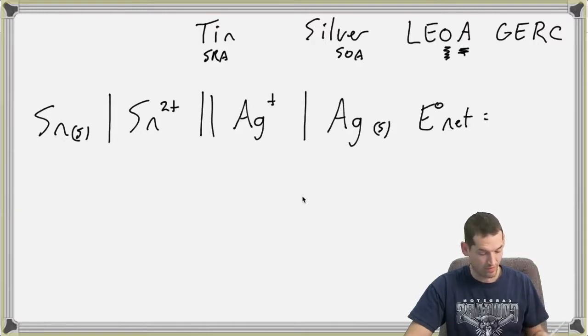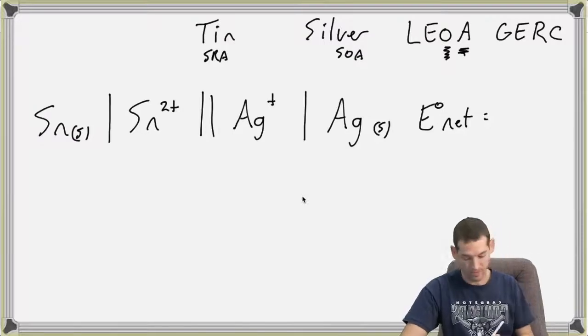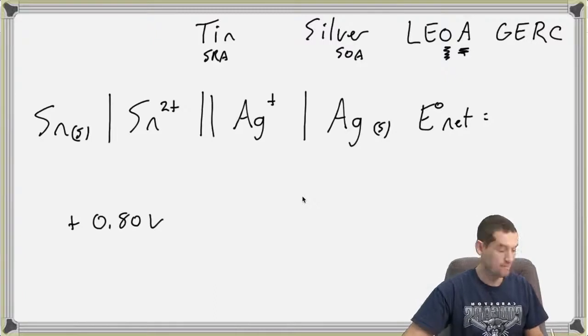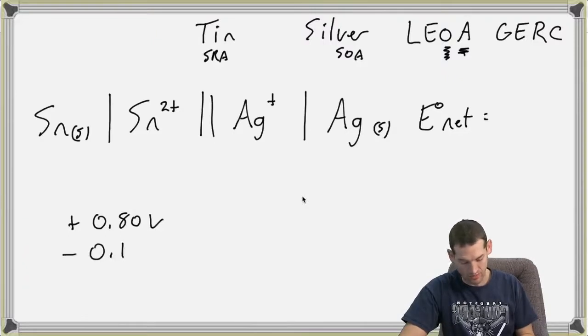Now we need to figure out the voltage. The silver reaction we wrote forwards, that's a positive 0.80 volts. And the tin we wrote backwards, so that becomes a negative 0.15 volts.